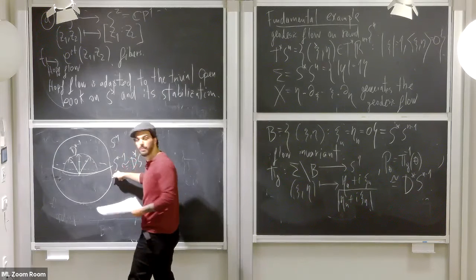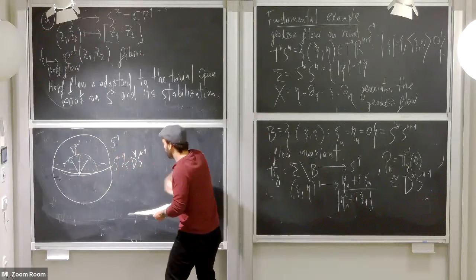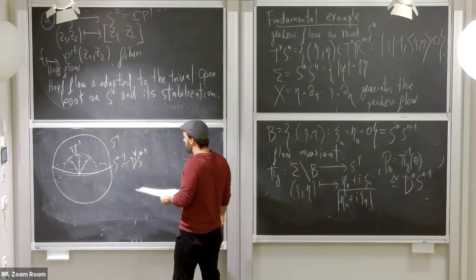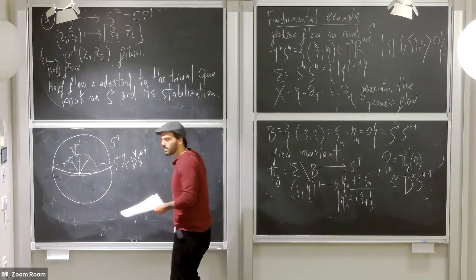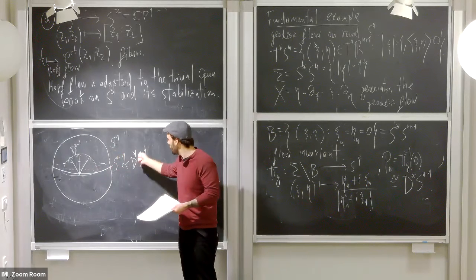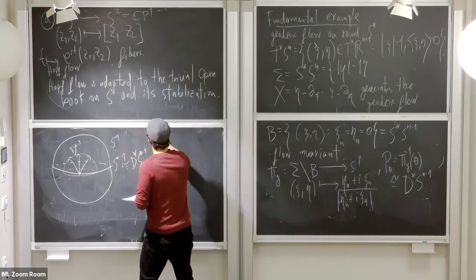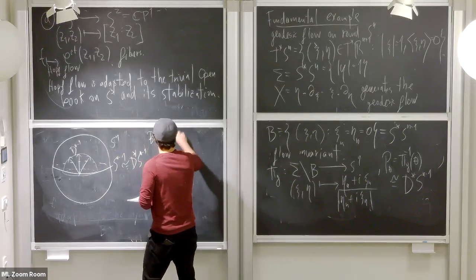I have the base is the equator, the fiber is this disk. Then I move the point around the equator, and this is a higher dimensional version of the Birkhoff annulus that we saw last time. Just put n everywhere. So I don't know what to call this, so I'll call it a Birkhoff annulus.